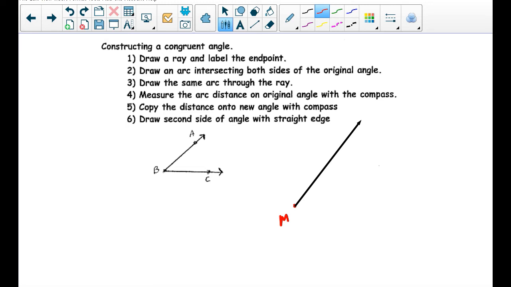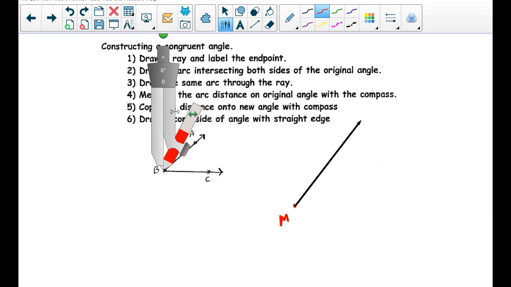So step 2, draw an arc intersecting both sides of the original angle B. So draw an arc. And again, this is where we're going to use our compass. And I think it's easier using my mouse.